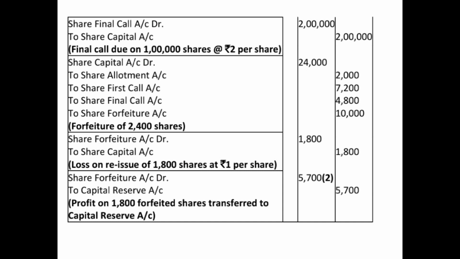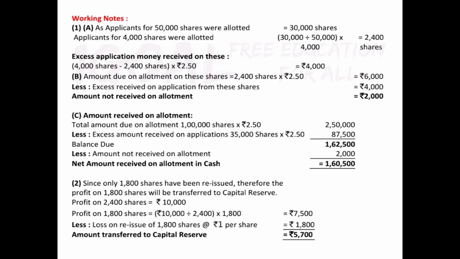How we have calculated this amount? Have a look at the note number 2. Since only 1800 shares have been reissued, therefore the profit on 1800 shares will be transferred to capital reserve. Profit on 2400 shares is equal to 10,000. So if 10,000 is the profit on 2400 shares, then the profit on 1800 shares will be 10,000 divided by 2400 into 1800.